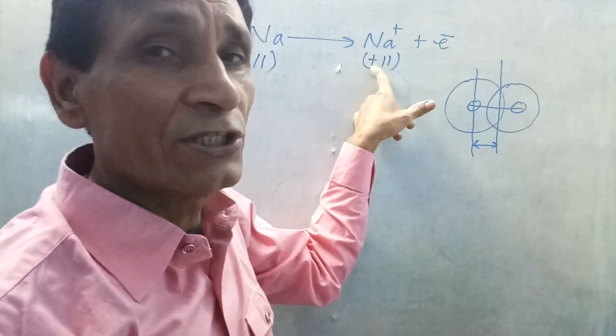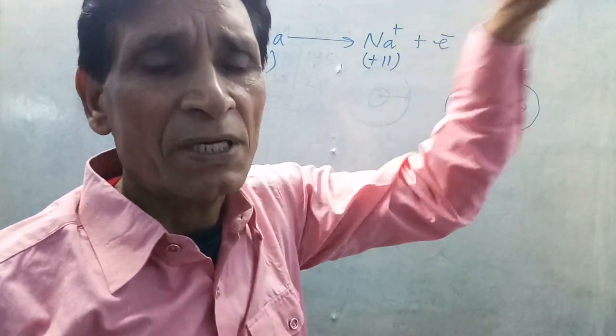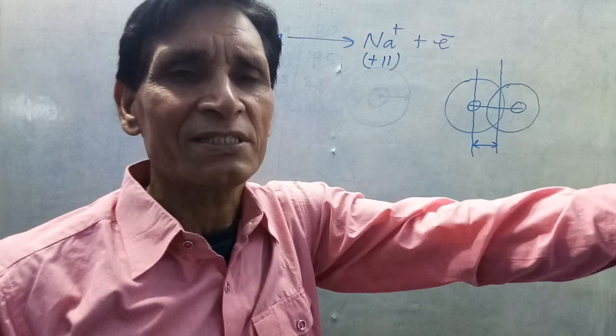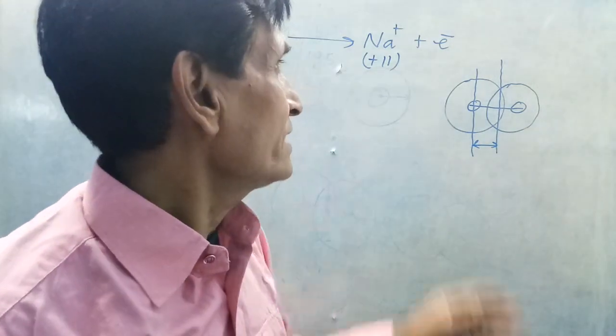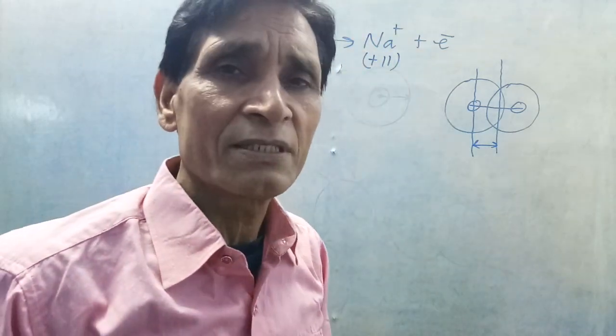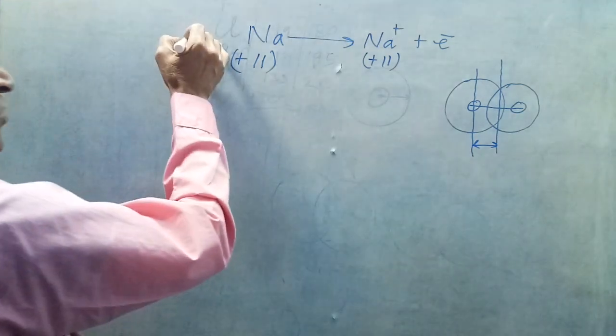Therefore, nuclear pull per electron, means effective nuclear charge, increases in case of Na plus. As a result, the size of Na plus decreases. In this example, by the first point you can explain.